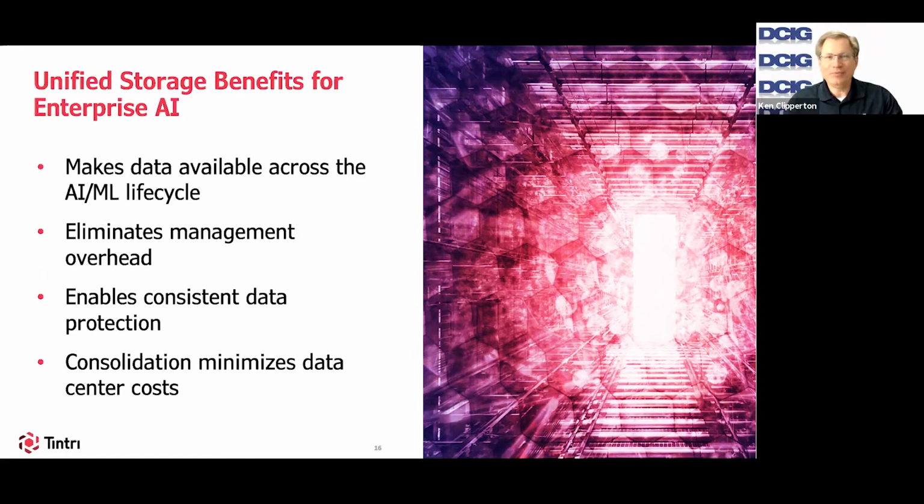Yeah, at DCIG, when we talk about unified storage, we mean at a minimum support for both block and file-based workloads, block protocol and file protocol support. The benefits are multiple, but the idea is that a single storage solution has the potential of supporting all of the enterprise workloads.